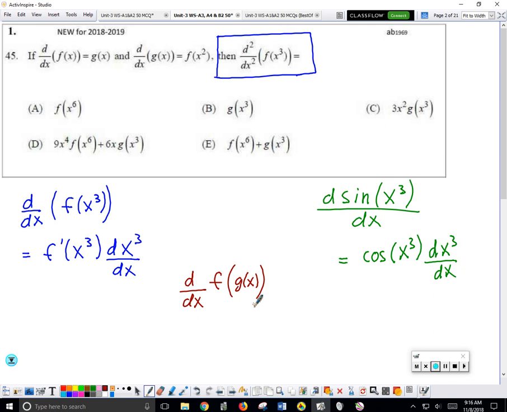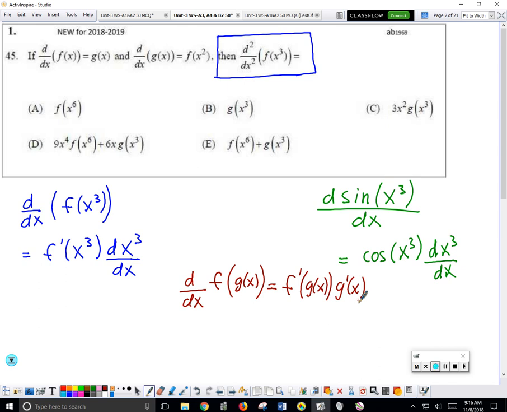Correct. So f, in the green case, the f is the sine, and the g of x is the x cubed. Over here, f is just f, but the g of x is the x cubed. This is equal to derivative of f with g plugged in multiplied by derivative of g. That's the rule.